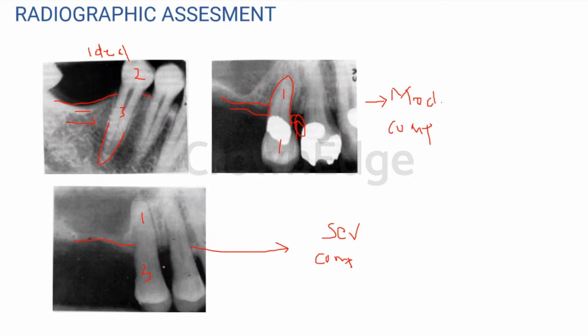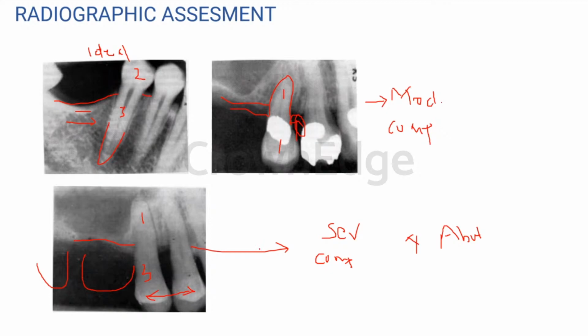If you see that an FPD, a bridge, is the only option, then you have to involve both these teeth as an abutment to replace a single tooth here, followed by a terminal abutment. So you have to increase the abutments whenever you see there is not a good enough condition of your abutment teeth. This is where a radiographic assessment becomes so important.